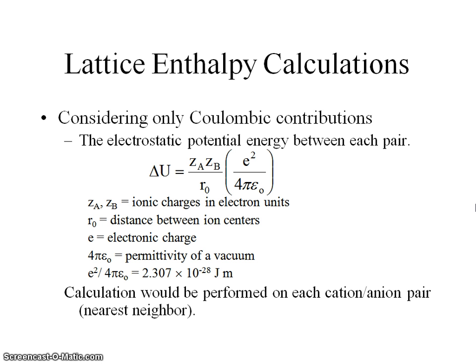Here ZA and ZB are ionic charges in electron units, R0 is the distance between ion centers, e is the electronic charge, and ε0 is the permittivity of a vacuum. e² divided by 4πε0 is equal to 2.307 × 10⁻²⁸ J·m. Calculations would be performed on each nearest-neighbor cation-anion pair.